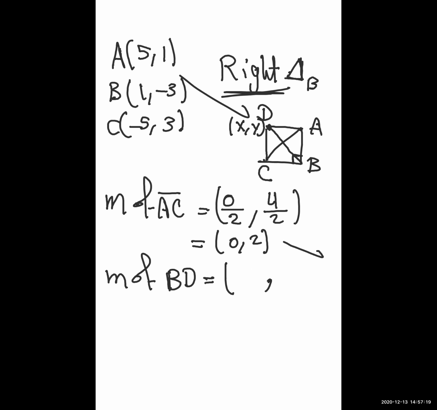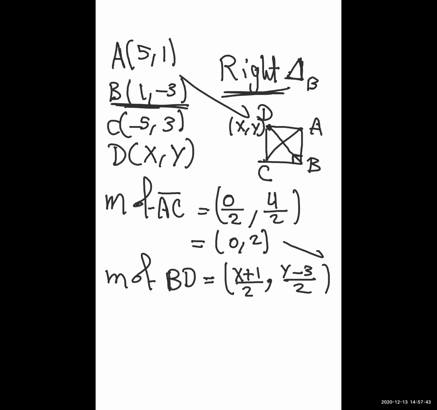This point B and this point D. We said that it will be X and Y. I used the coordinates of B. So 1 plus X over 2, this means X plus 1 over 2, and negative 3 plus Y, which is Y minus 3 over 2. So this will equal the midpoint of BD.